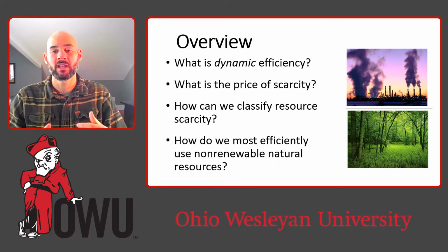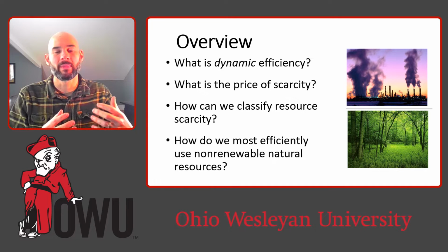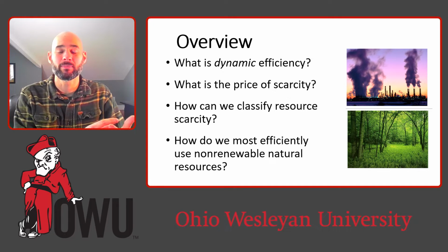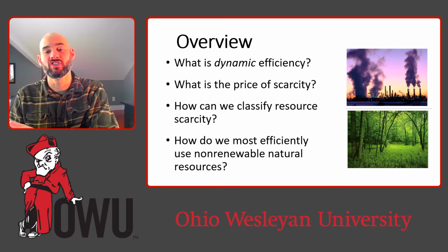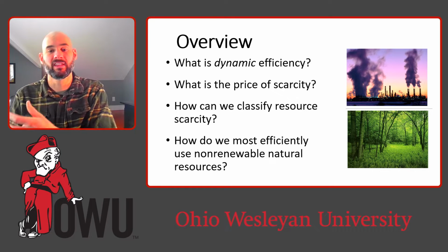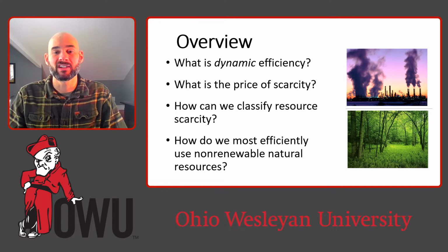We're going to think of some different rules that we can apply to the management of non-renewable resources, both from, we'll call it, just a naive perspective, where we don't really consider the economics of scarcity, and then how that rule changes when we really think as economists. So hopefully this will all tie together well, and we'll be able to connect our concept of dynamic efficiency and the price of scarcity to our management of non-renewable resources.